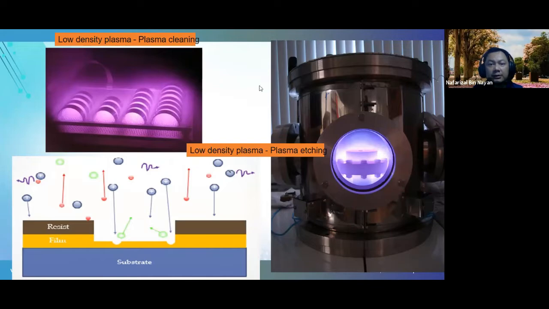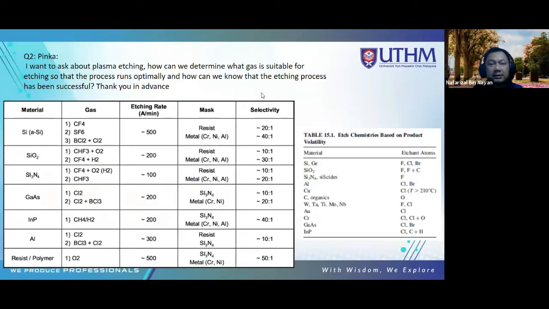Right, so we go for the next question, about Pinka asking about the plasma etching. We did discuss just now that we can use plasma for etching, to remove the area that I don't want.